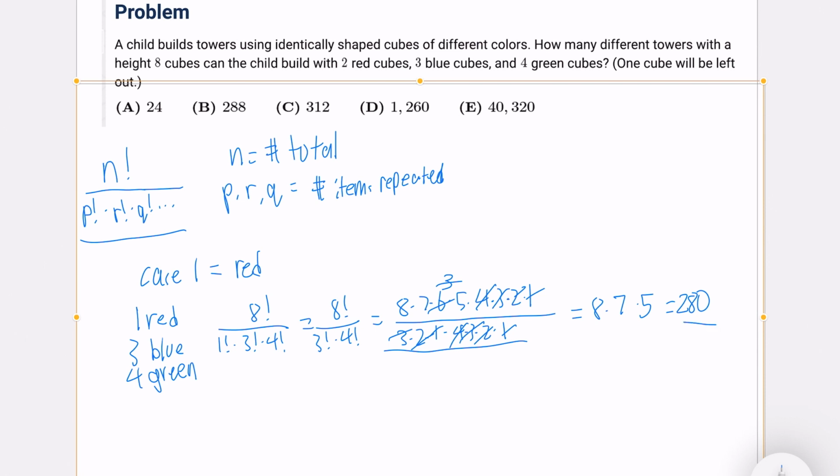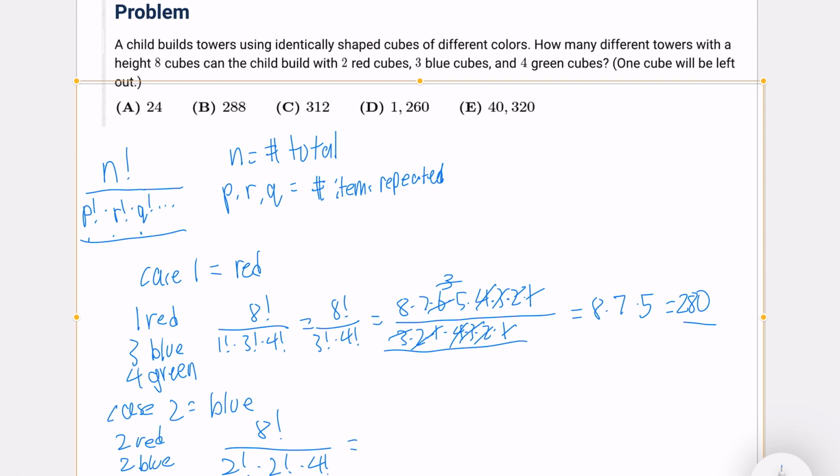And now let's move on to case 2, which is excluding 1 blue cube. So this leaves us with the problem of arranging 2 red cubes, 2 blue cubes, and then 4 green cubes. So the number of total possible arrangements would be 8 factorial still, because 2 plus 2 plus 4 equals 8. And then the P, Q, and R would be 2 factorial times 2 factorial times 4 factorial.